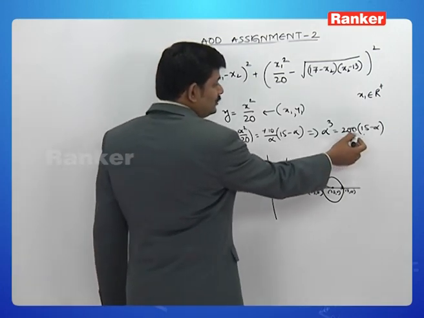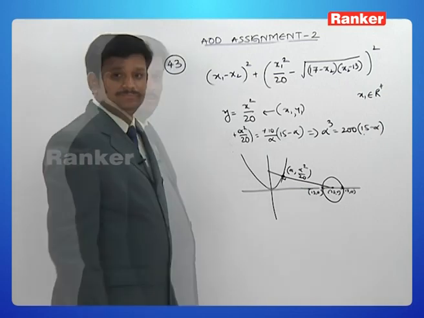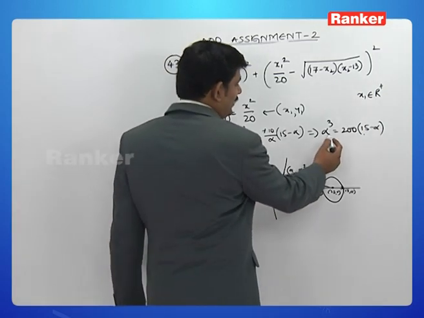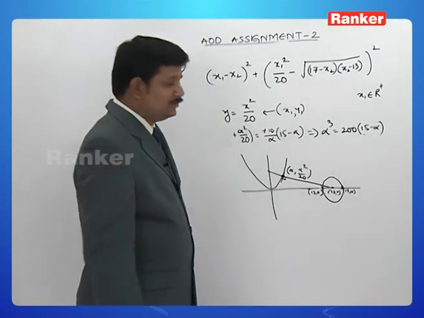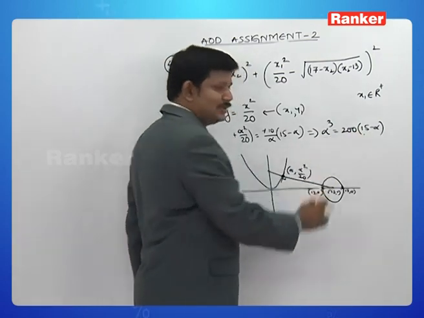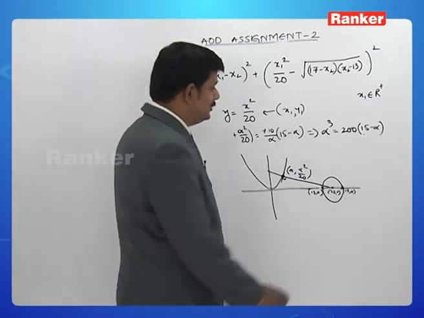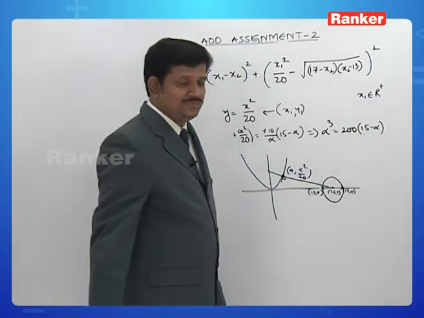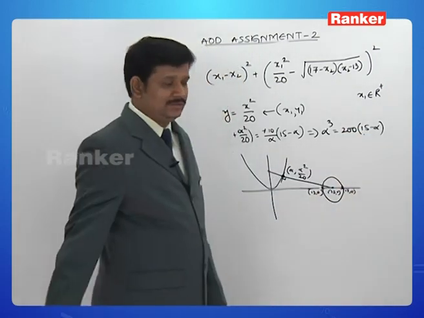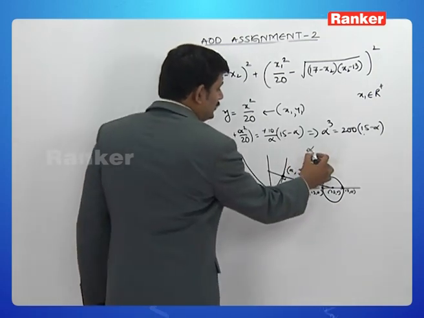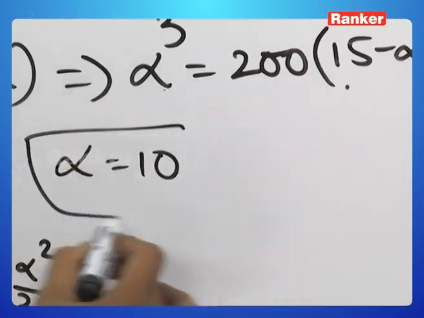By inspection, we can find a root. Alpha is equal to, it should end with zeros, so guess with 10. Alpha equal to 10: 10 cube is 1000. 15 minus 10 is 5, and 5 into 200 is also 1000. So, alpha is equal to 10 is a root of this equation.